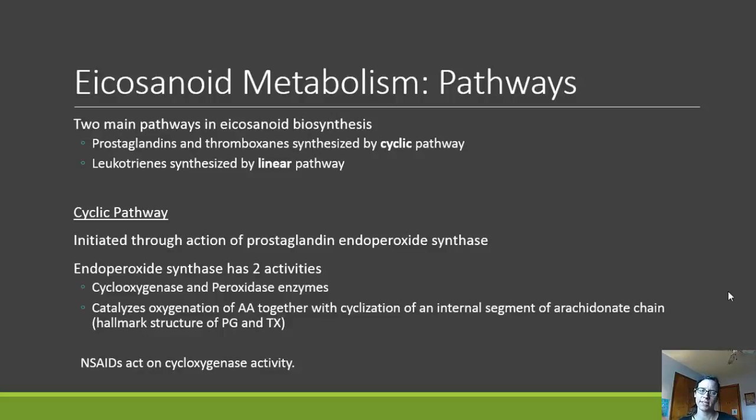You don't need to know this in detail, and we're going to have a figure that we'll walk through and look at an overview of it. It's NSAIDs, our non-steroidal anti-inflammatory drugs like ibuprofen, naproxen and aspirin, that are going to work on this cyclooxygenase activity.